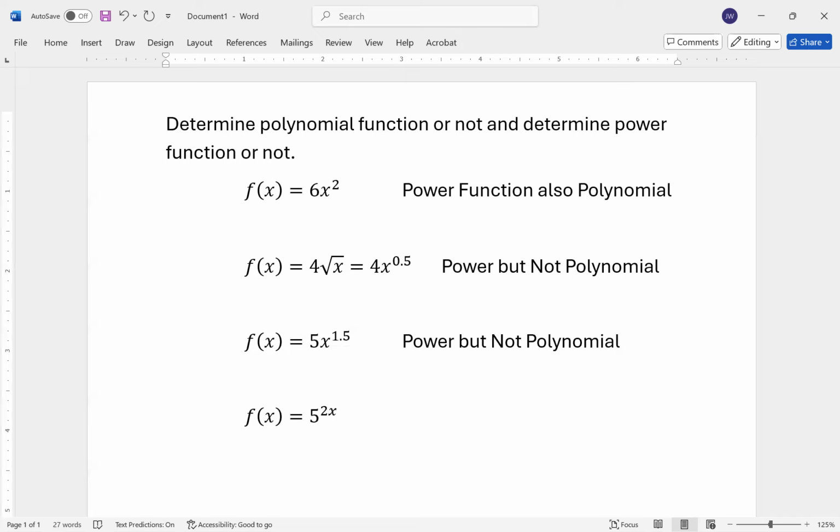For this last function, the x variable is in the exponent, and that is not a power function.